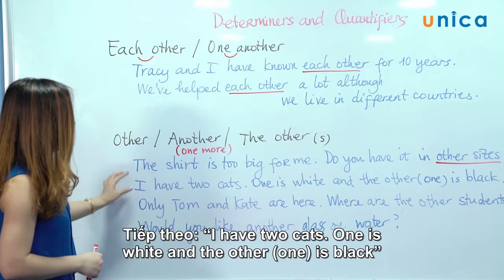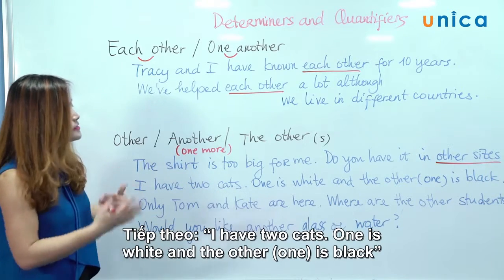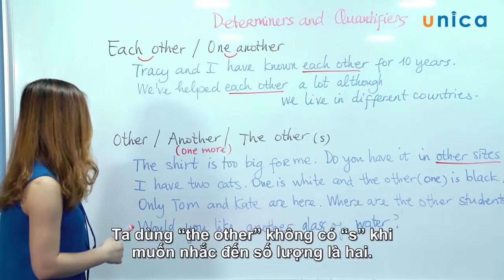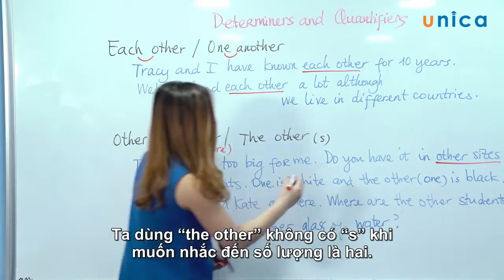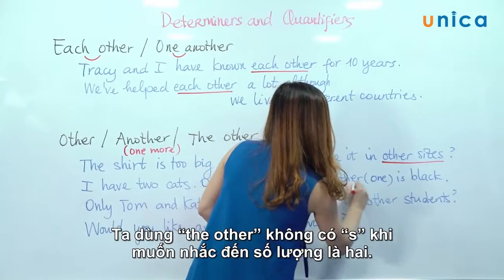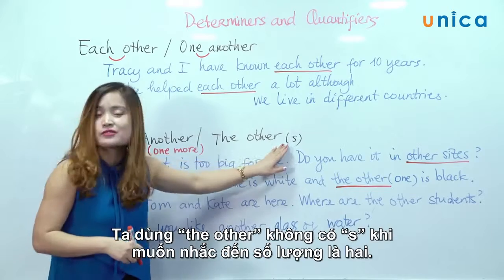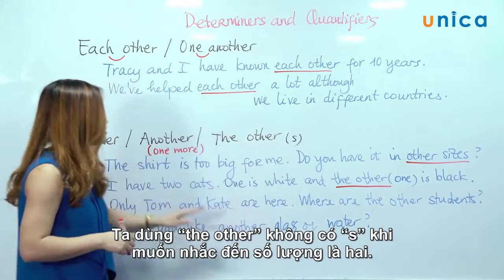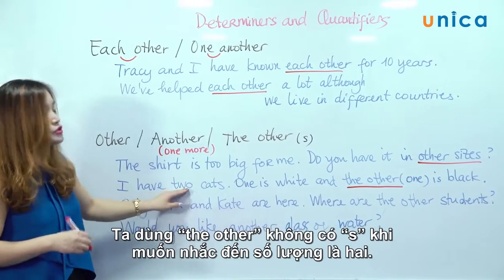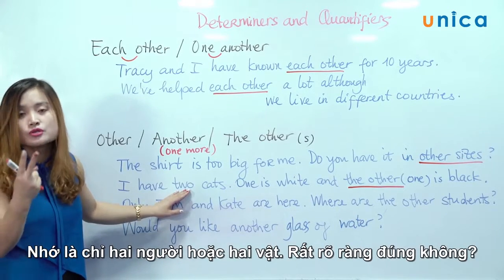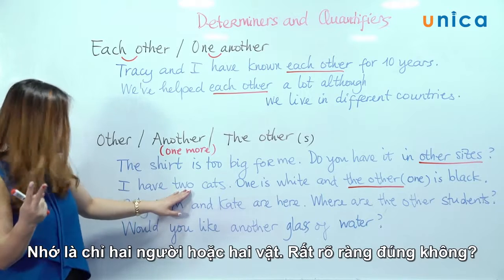The next one, I have 2 cats. One is white and the other one is black. All right, so here we use the other. We use the other without S if you want to mention or refer to 2, remember, only 2 people or 2 things or 2 objects.